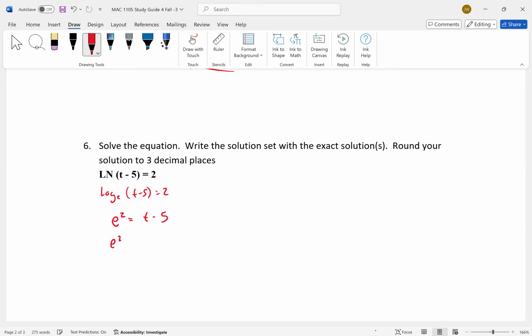So e squared plus 5 equals t. And then key that into your calculator. You get t equals 12.389.